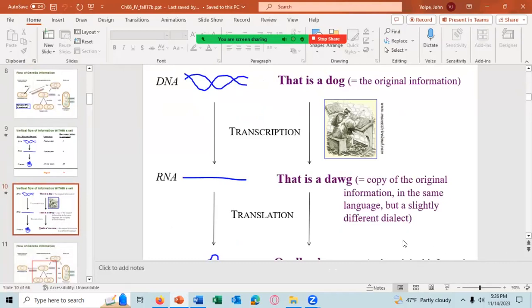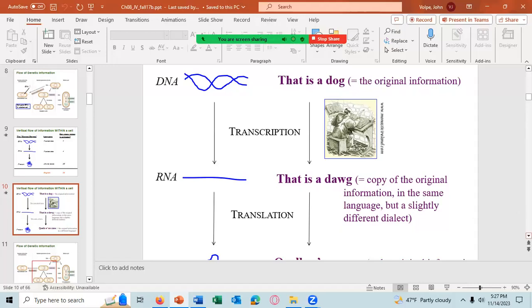So in DNA, you could say the information is stored in the DNA as "that is a dog." And in RNA, that information is stored in like a different dialect of "that is a dog," the DNA, but it is still the same language. And you'd say something like "that is a dog" in the same language, but a slightly different dialect.